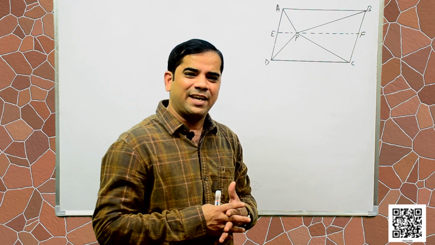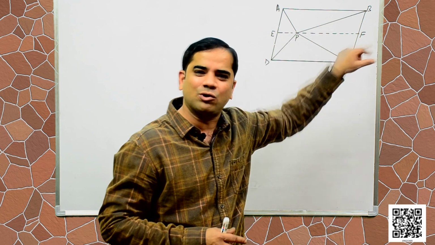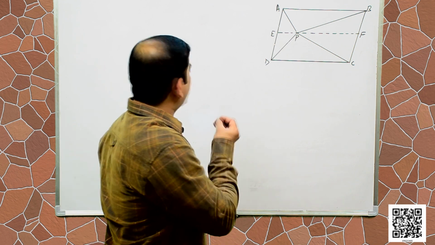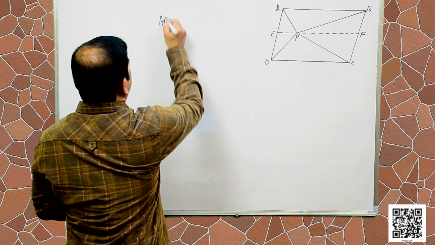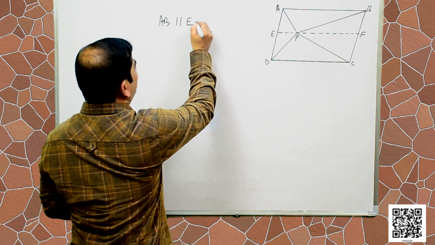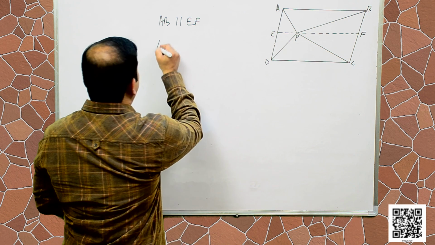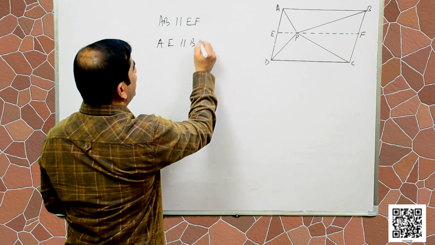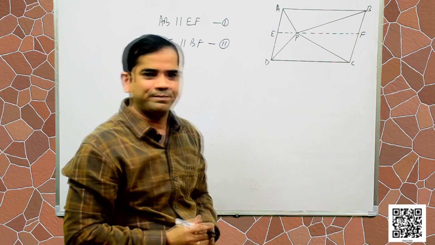So AE is parallel to BF. Let me write down the equations first. AB is parallel to EF, and AE is parallel to BF. Let this be equation 1, this is equation 2.